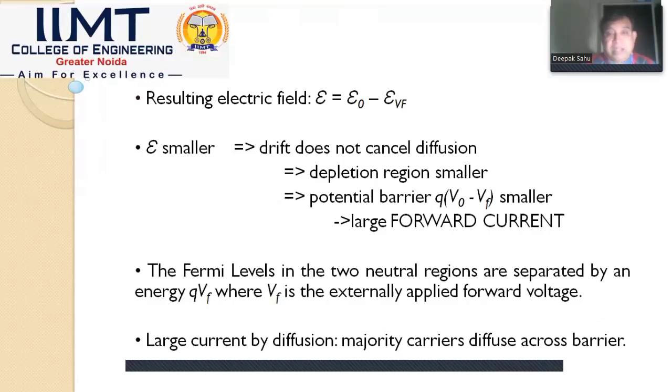Now the electric field is given. Now some interesting parameters are there. Drift does not cancel diffusion, and the depletion region becomes smaller, the potential barrier becomes smaller. As soon as VF keeps on increasing, large forward current can be seen.